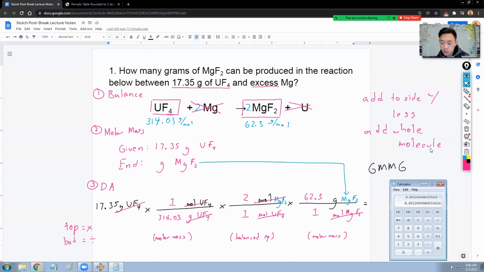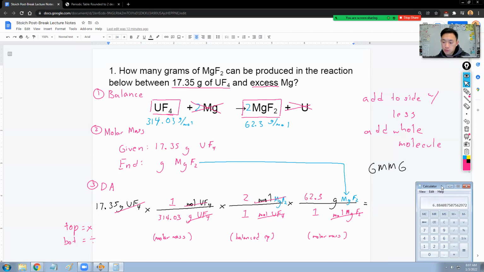I have a 2 on the top, so I'm going to multiply it by 2. And then I have a 62.3 on the top, so I can multiply by 62.3. And our final answer is going to be 6.884. And then the unit of measurement is going to be grams of MgF2.